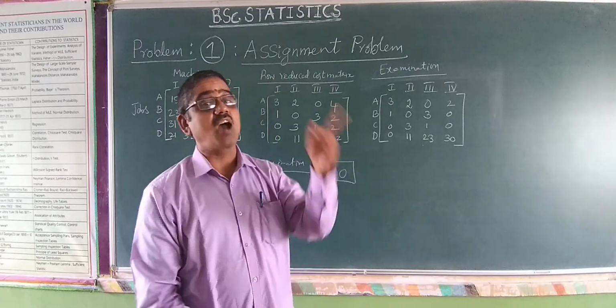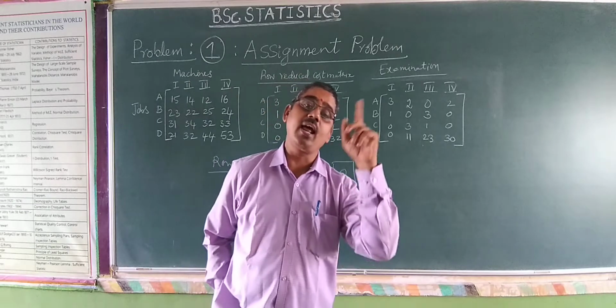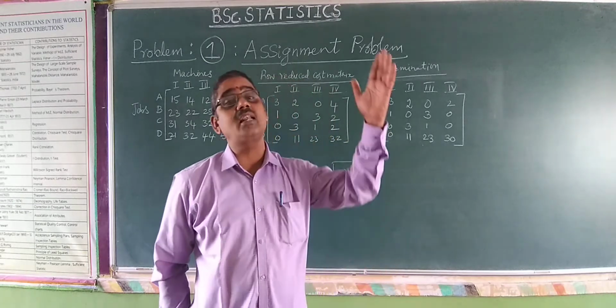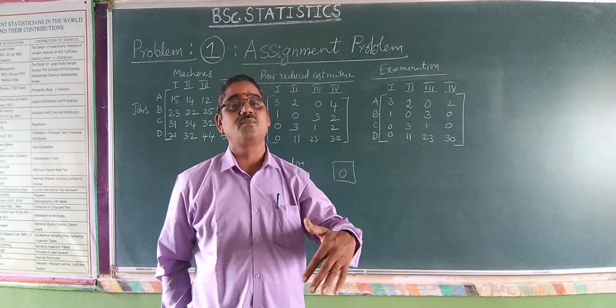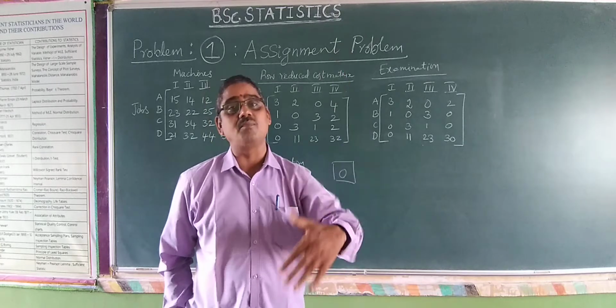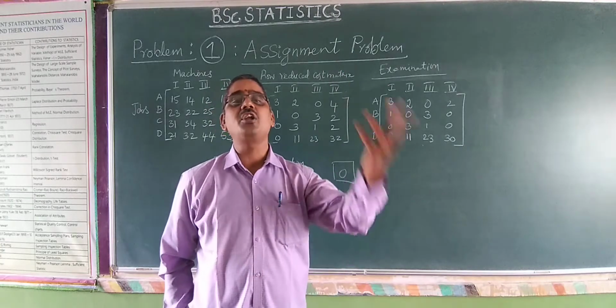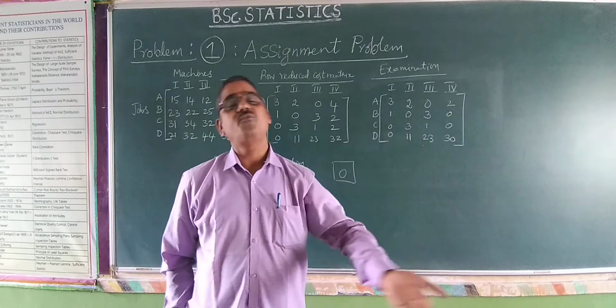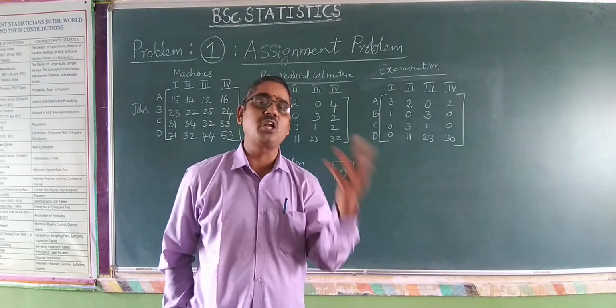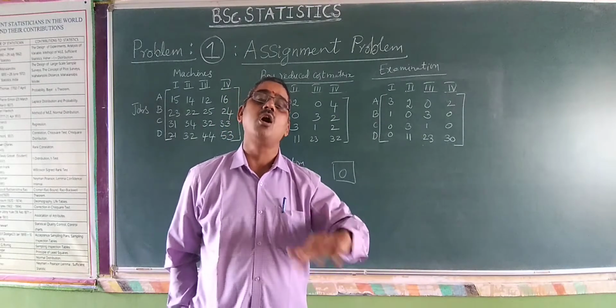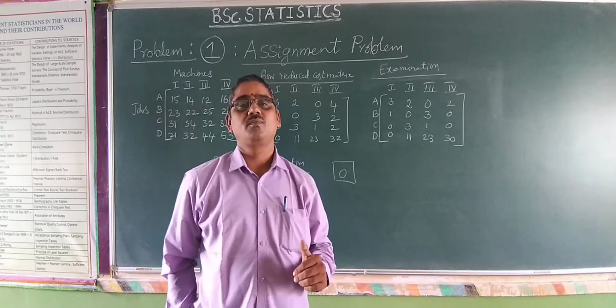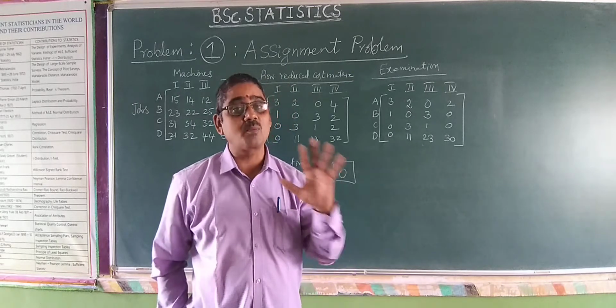Like that. If you have a single zero, then en-rectangle the zero and cancel all other zeros in the corresponding column, and then continue the procedure. If there is more than 1 zero in any particular row, then we have to leave that row and go to the next row. Right? This is the procedure.